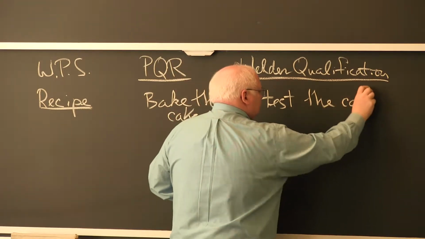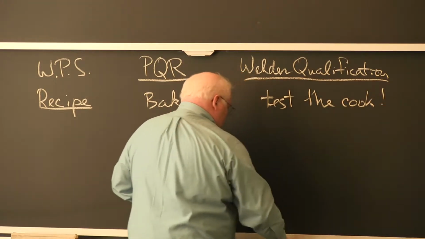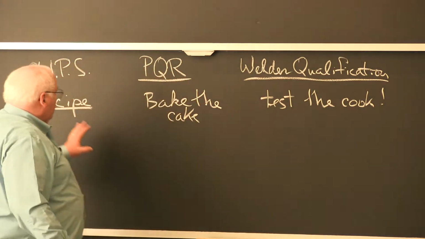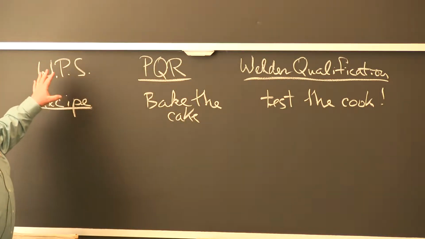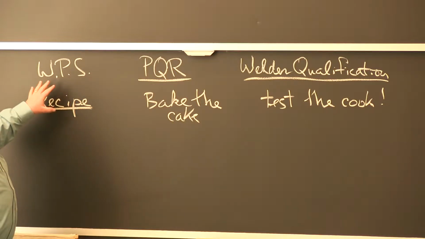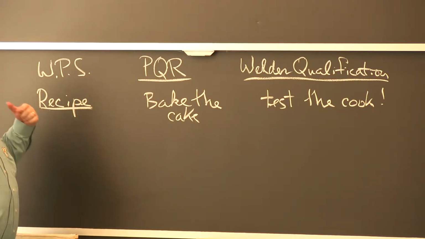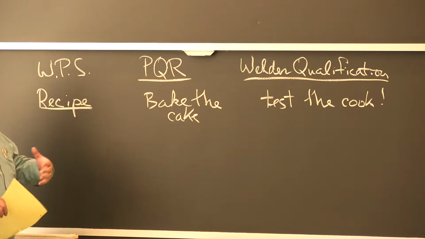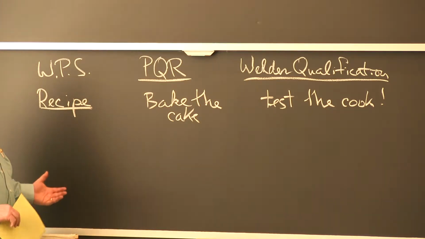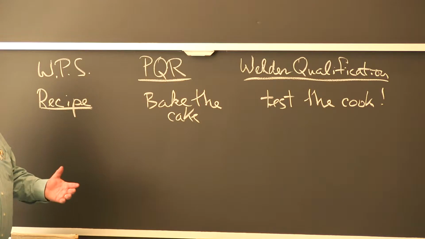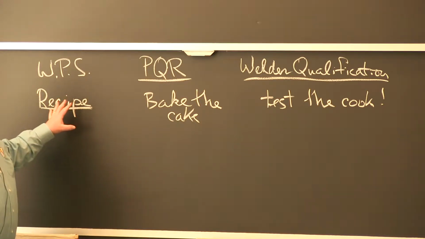So you have to have a welding procedure specification, which basically says use this preheat, use this contact angle. If you're using this electrode, you got to do a post-weld heat treat. It's the recipe.